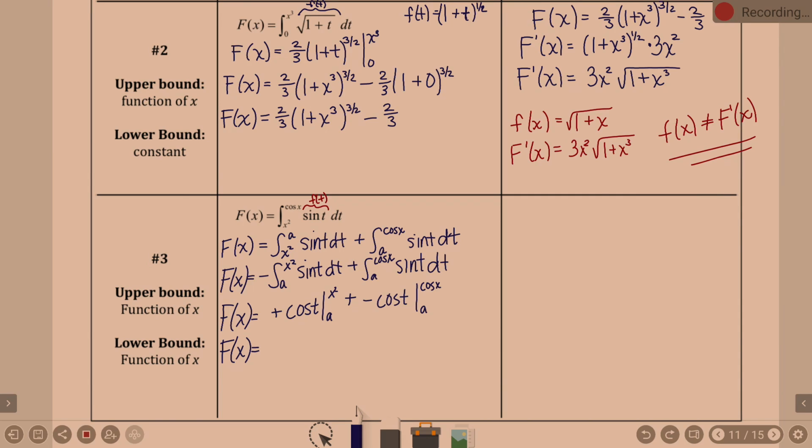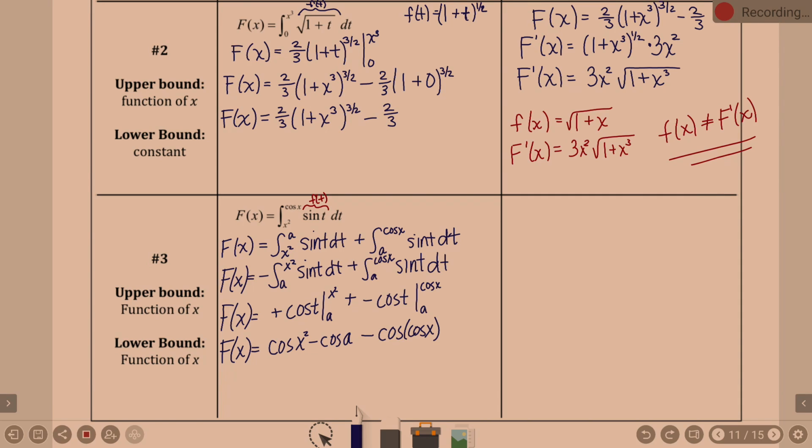Okay, now we're plugging in. Cosine of x squared, cosine of the upper bound, minus cosine of the lower bound, which is a. Now, minus cosine of the upper bound, so minus cosine of cosine x.